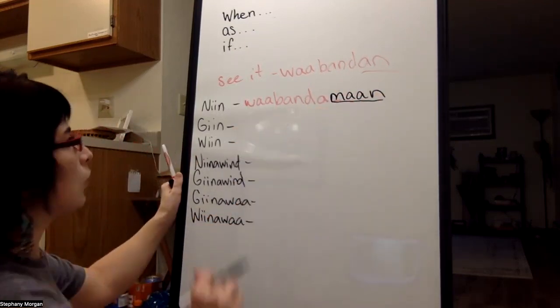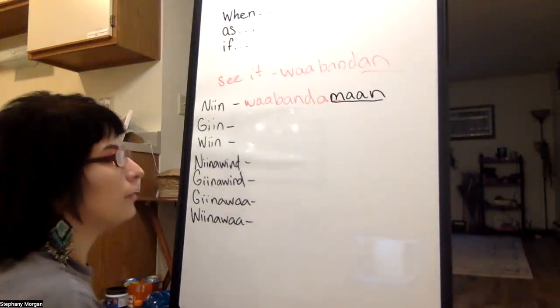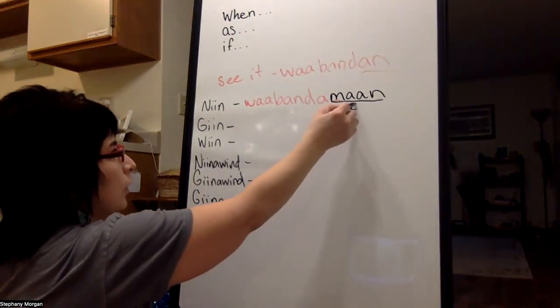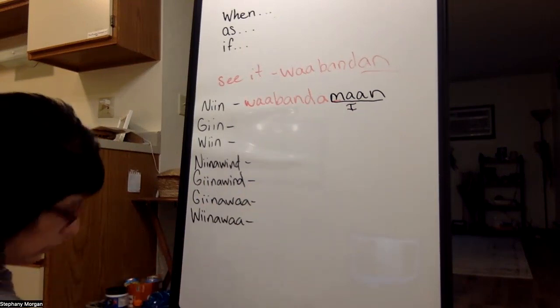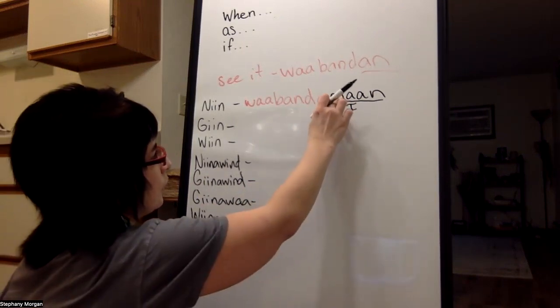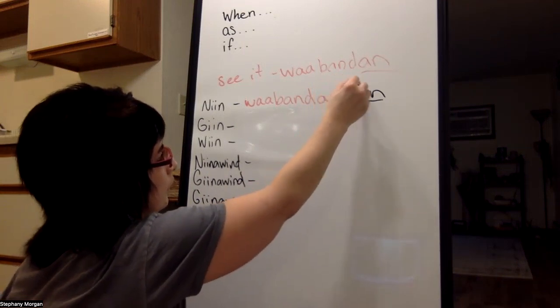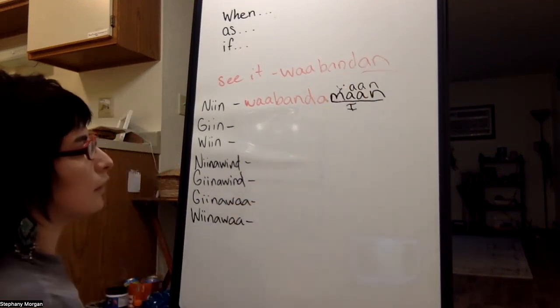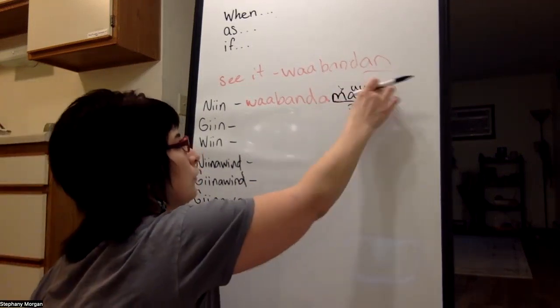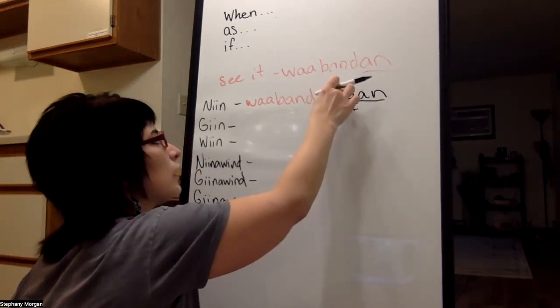Wabandaman. When I see it. This is the ending part, meaning I. It's kind of like that yan, which you see a lot in other words, and you'll start recognizing those patterns over time.